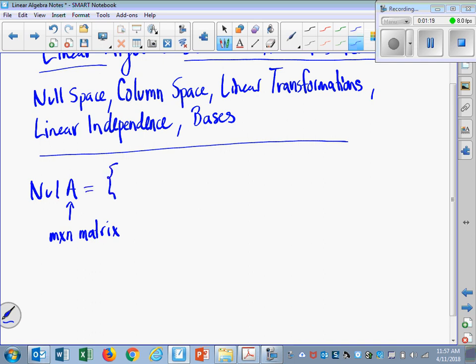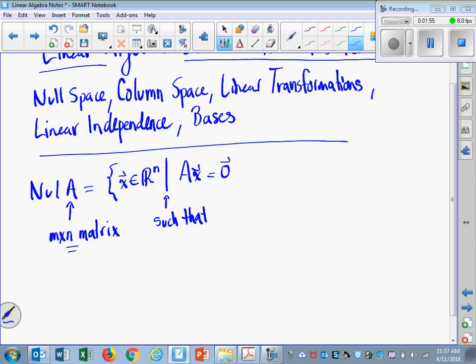And null A is just all of the vectors that are mapped to the zero vector by A. So we'll say x in Rn, so it has to be an n-dimensional vector in order to match the number of columns of the matrix A. So it's all x in Rn such that, this is read "such that," when we multiply x to A, we get the zero vector.